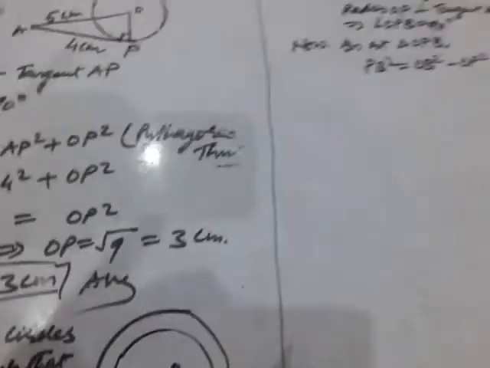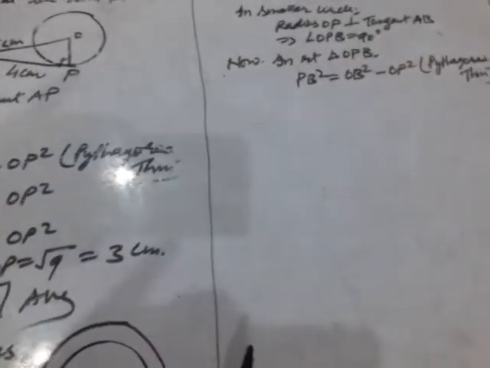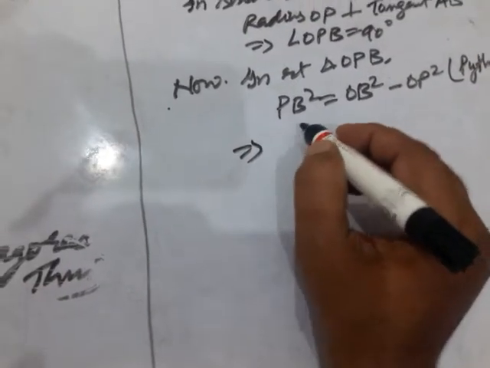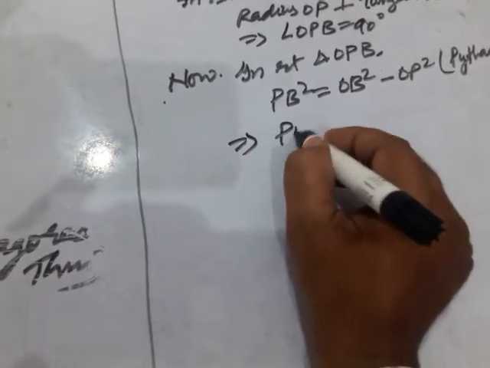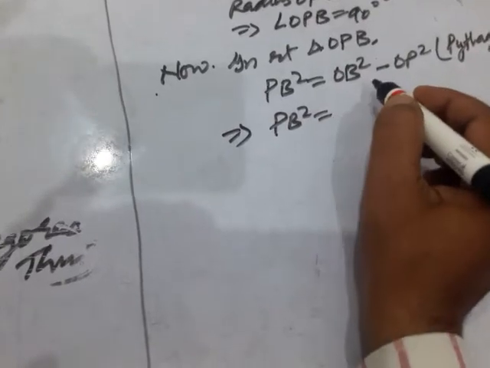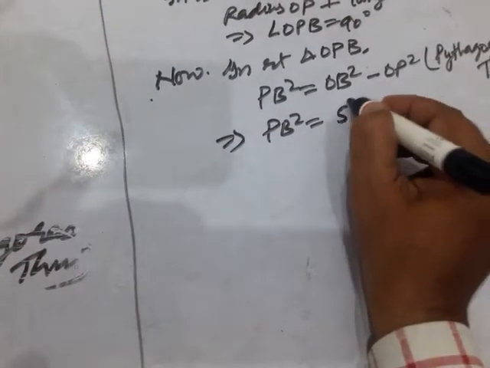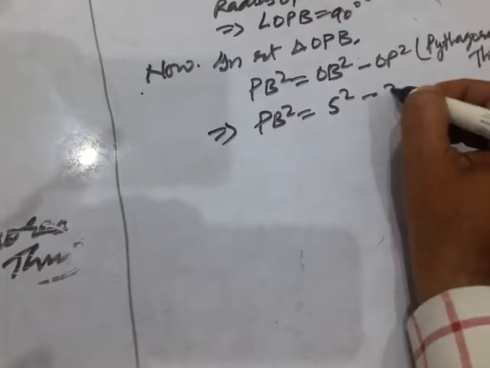Okay children, that is PB square. PB is your base, OB is your hypotenuse, and OP is your perpendicular. So PB we have to find out. PB square equals OB, which is given to be 5 centimeter, so 5 square, minus OP, which is 3 square.